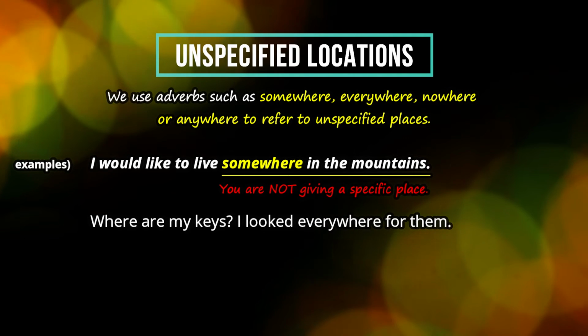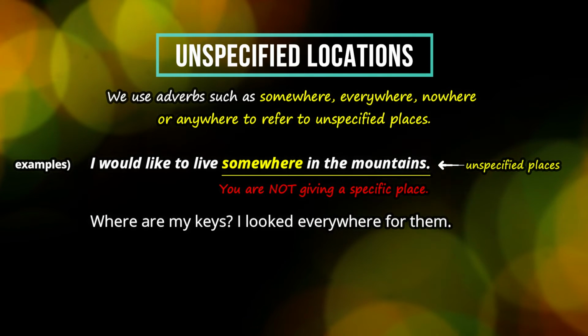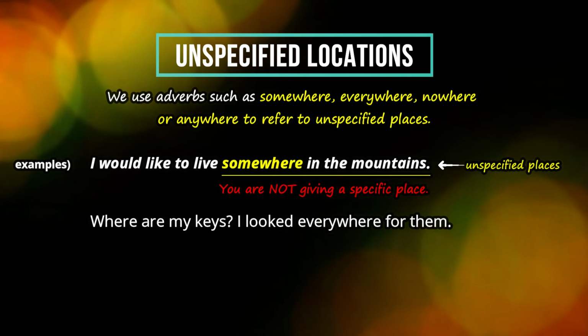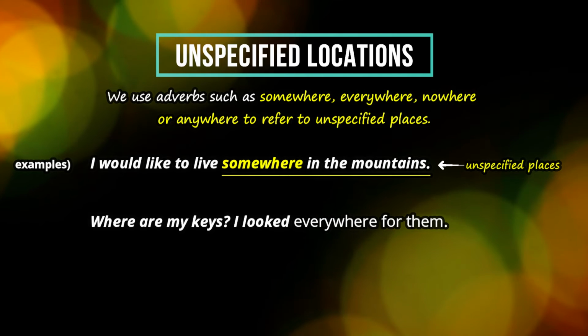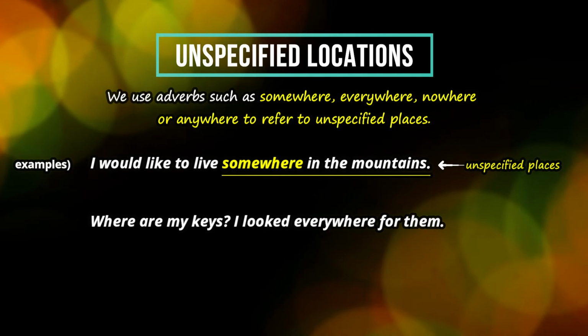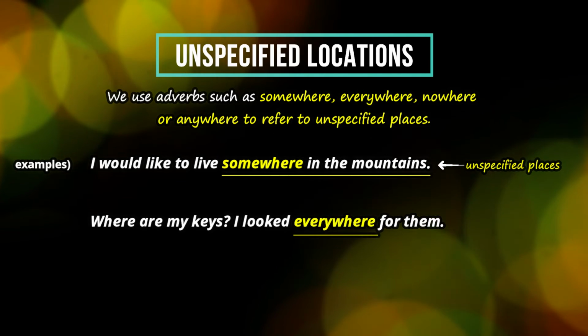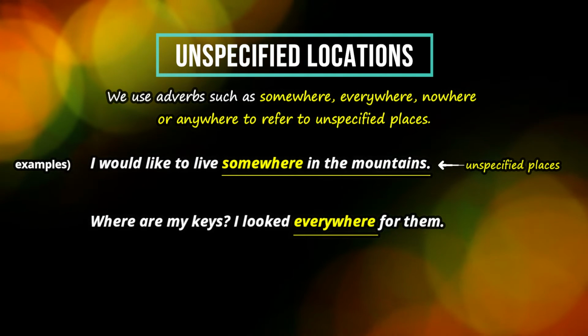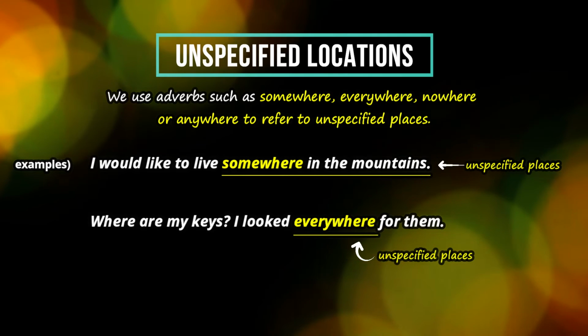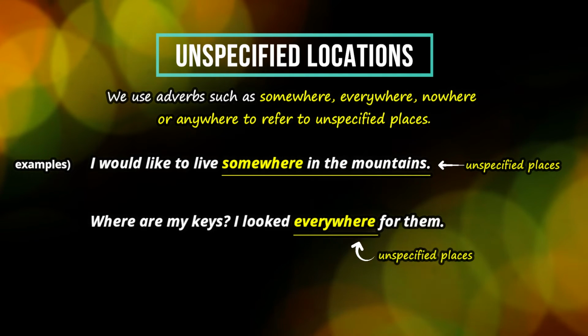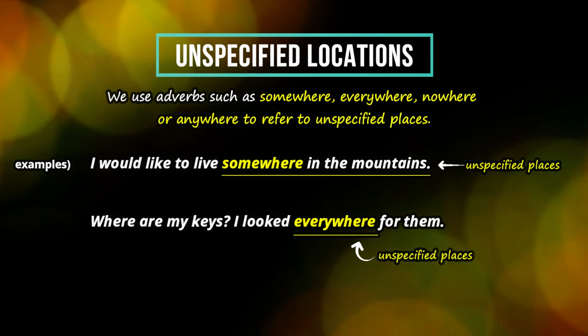You're not giving a specific place, it's just somewhere. And in the second example, where are my keys? I looked everywhere for them. All right, looking everywhere, right, means everywhere, which is unspecified, right? It's not exactly a place. It's everywhere. Got it?